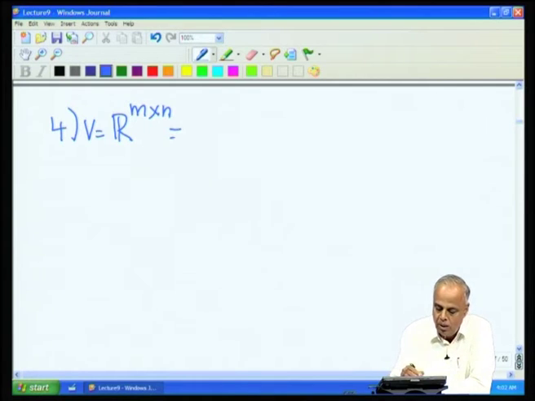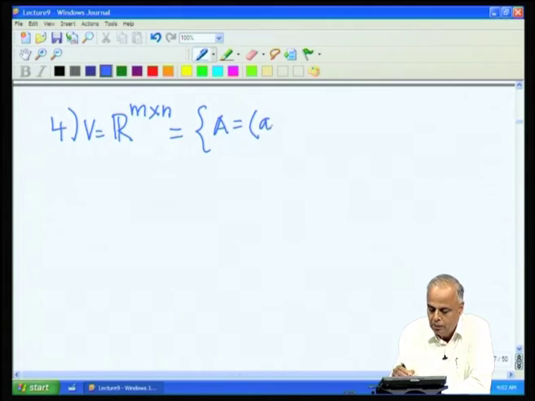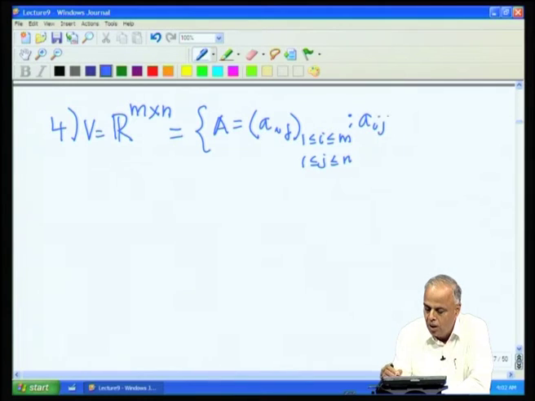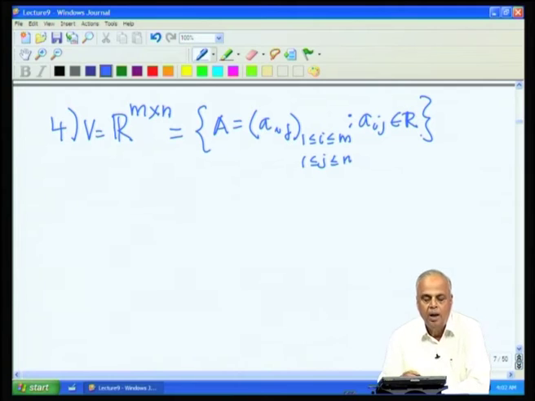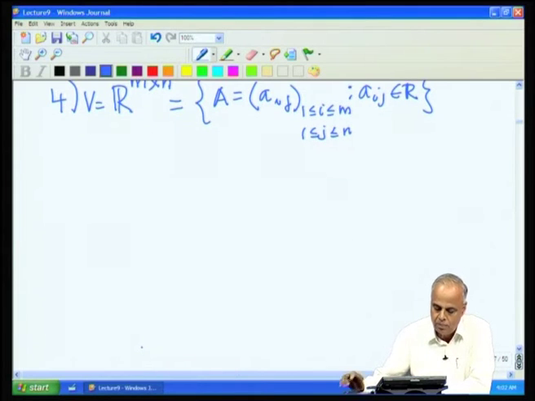So, these are all the matrix spaces, they are all matrices a_ij where there are m rows and n columns, and all the entries are real numbers. So, let us consider all the real matrices with m rows and n columns, and let us take F to be R.